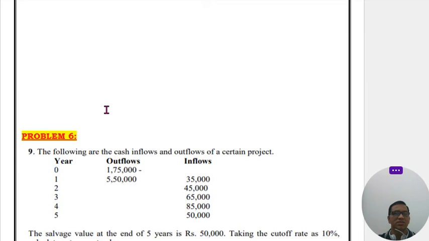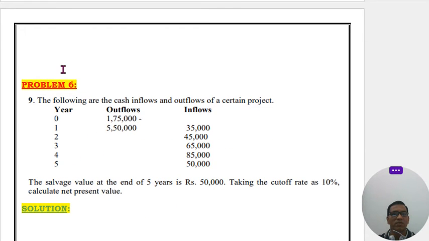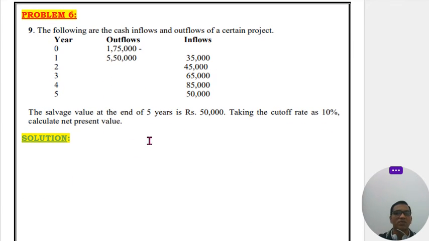And another examination problem is here. One more problem I will solve. What is this problem here? The following are the cash flows and outflows of the project. So here, 0 here, I told you, is always outflow, but one more outflow is there.